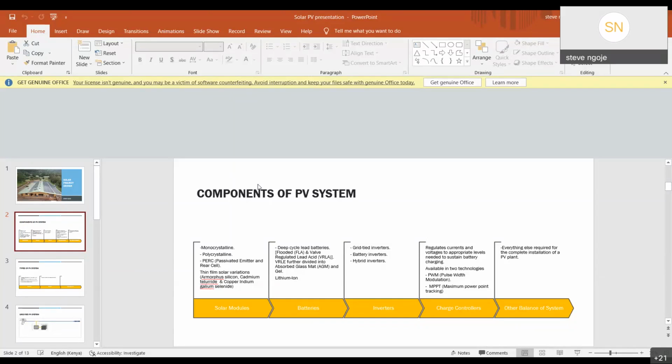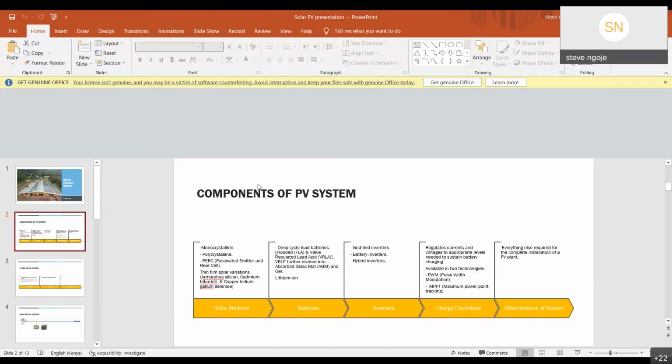It reflects light back into the cell, and also it reduces the electron recombination, to prevent the electrons from crowding up and interfering with the flow of electricity within the solar cells. The next one is thin film solar modules.